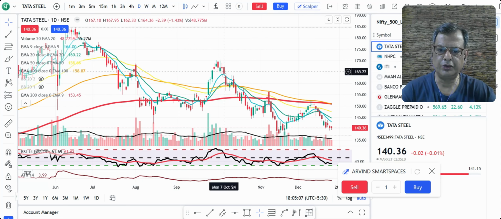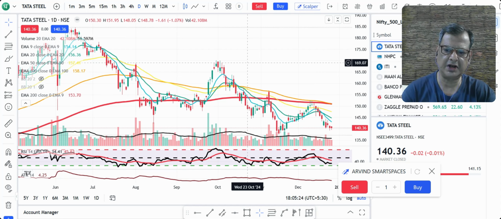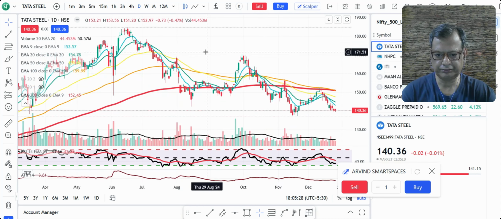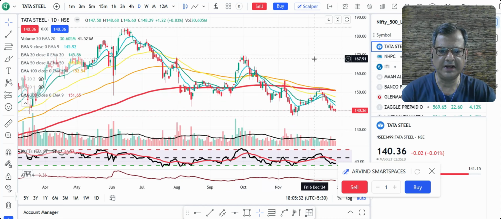Now we want to draw support and resistance because it will help us to trade. And with support and resistance, we'll have extremes of the chart. If you have nothing on the chart, I've just got the plain chart and a few moving averages, so it's like sort of empty space.